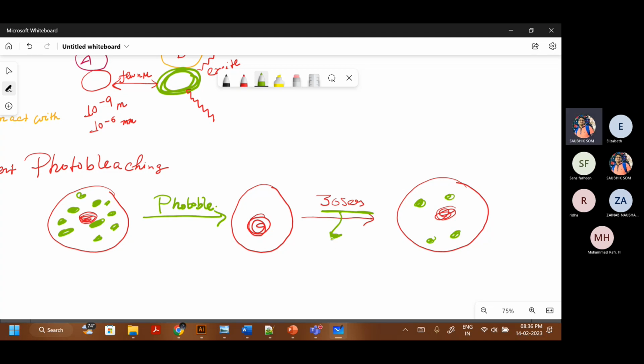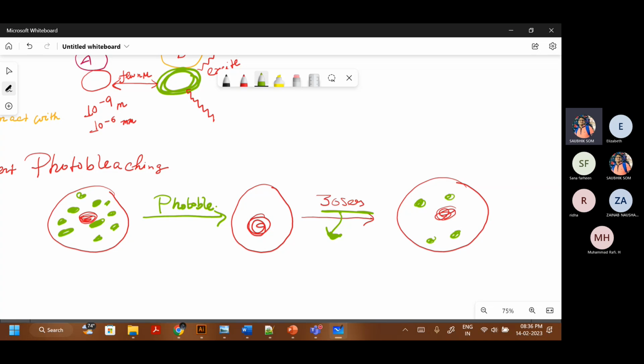Or say I want to see at which phase of the cell cycle my protein gets synthesized. For example, there was one question, right? I want to see at which phase of the cell cycle histone proteins get synthesized.